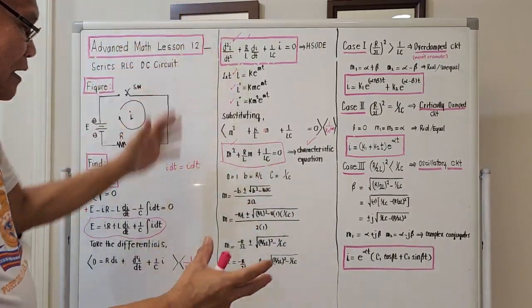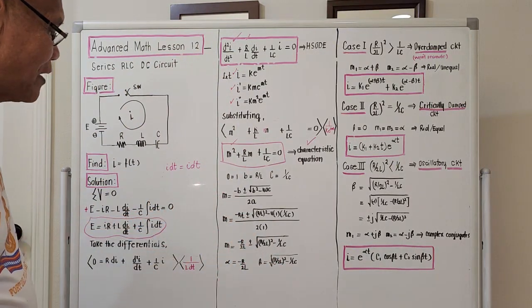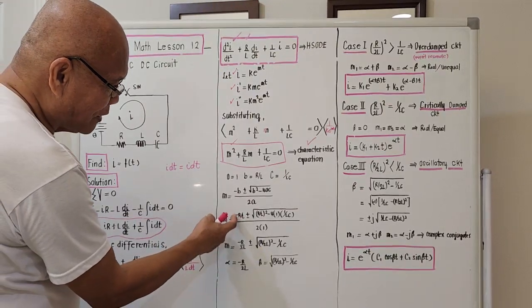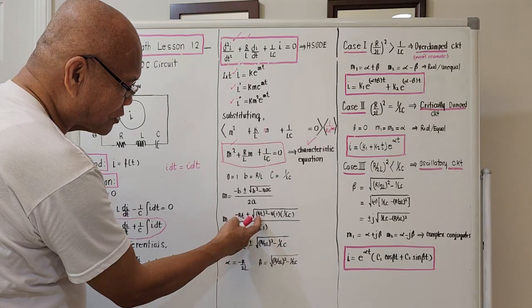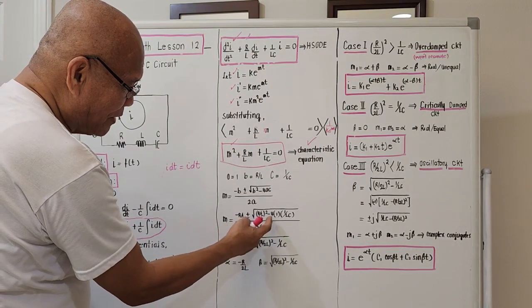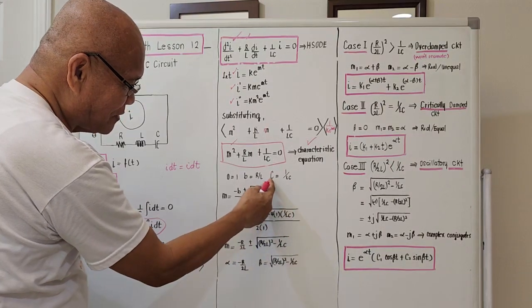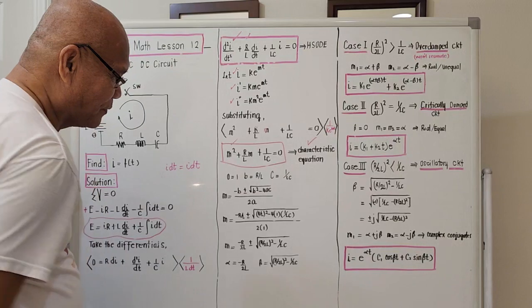And if we try to simplify this one, it is just an algebraic manipulation, guys. B is actually negative R over L plus or minus the square root of R over L quantity squared, that is B squared, minus 4 times 1 times C, capital letter C. Okay, that is 1 over LC.